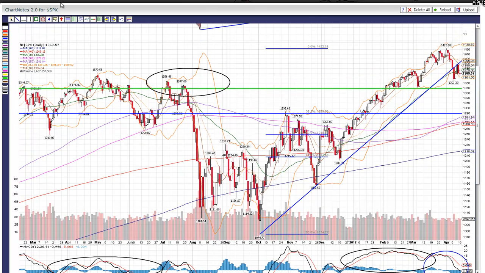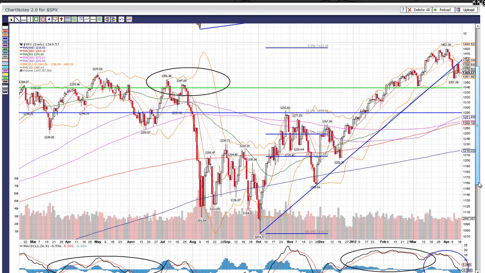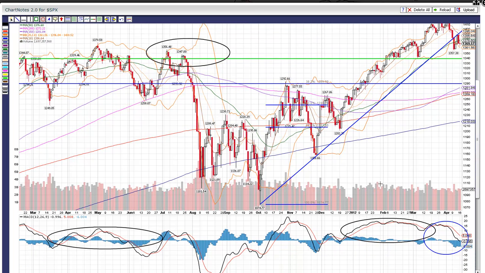The last thing that I always want to look at when I look at any chart is the volume. And if we look at the volume bars here, you can certainly see that we still don't have the kind of volume that we want to set up a major sell-off here. In fact, it's gone down.